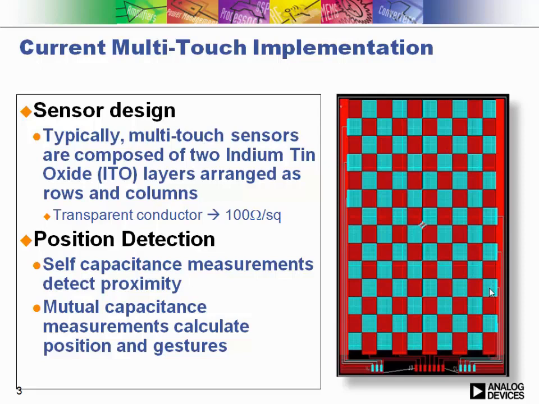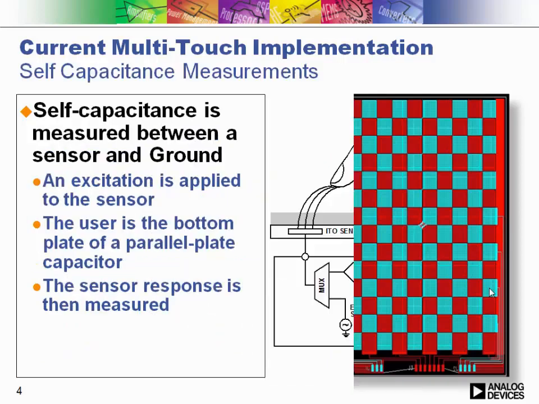That is a conductor built with ITO, which is a transparent conductor of about 100 ohms per square. We have to detect the position, and we measure the capacitance of sensors on the screen, and when you put your finger on one of those, the capacitance changes, and we measure that change in capacitance.